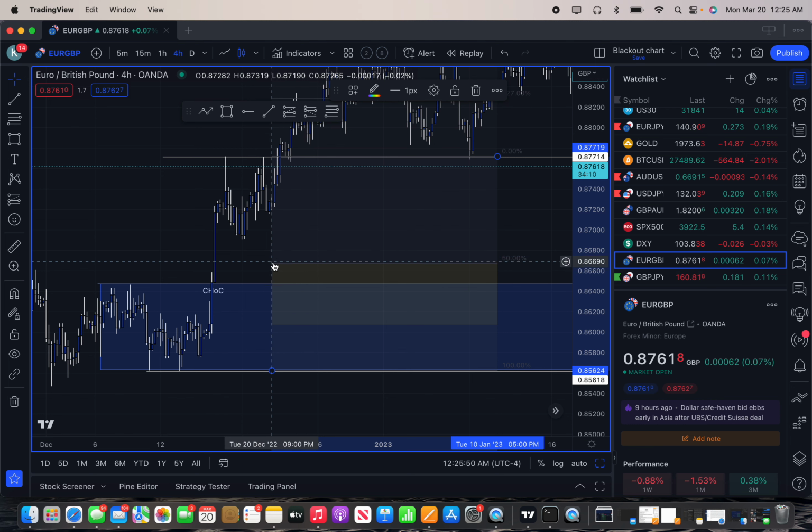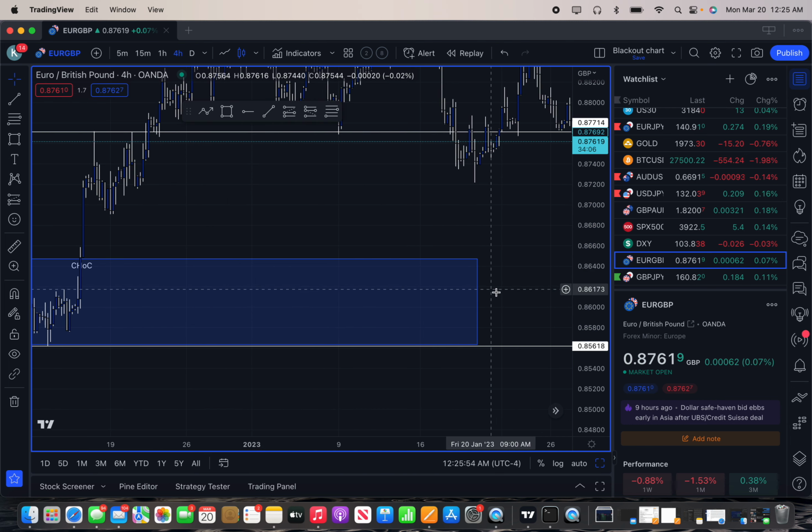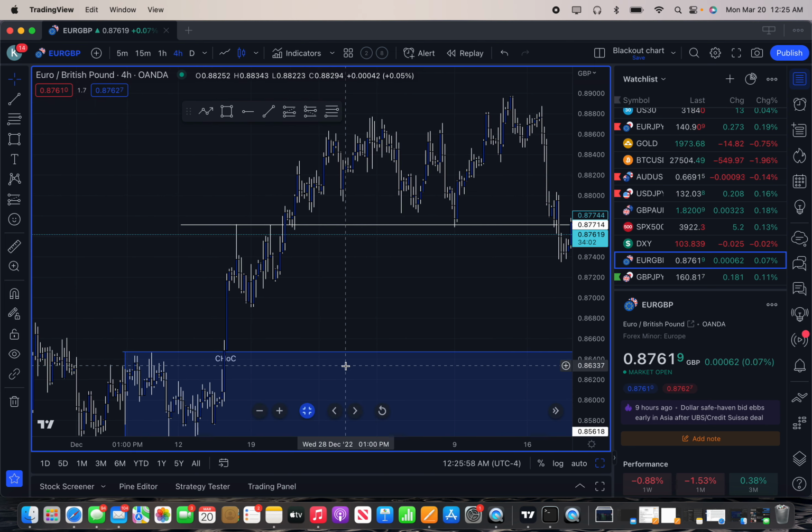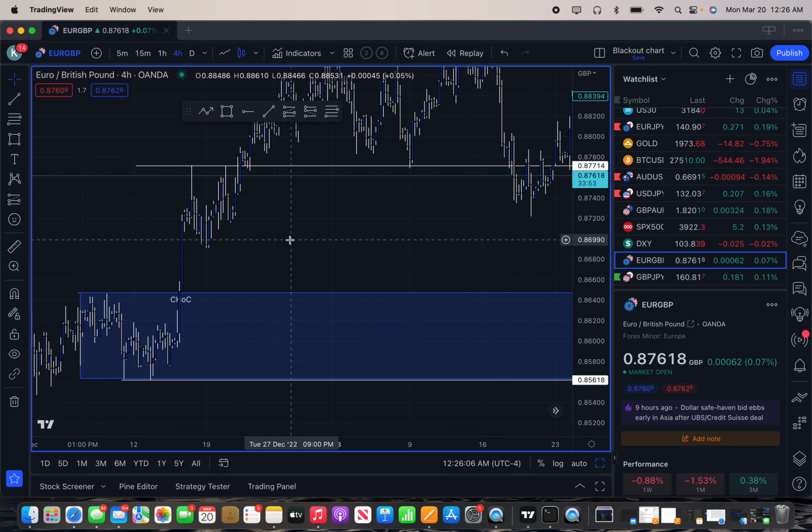It falls within it, so we really don't need to do any extra on it. And essentially what we're waiting for is price to come here, produce some type of reversal pattern, signifying that price is reversing back upwards. So that's literally all we do.